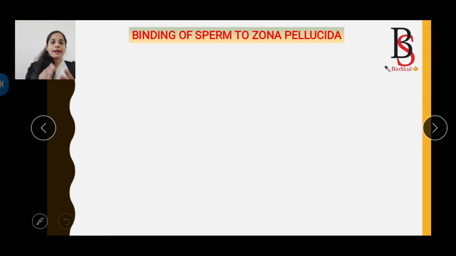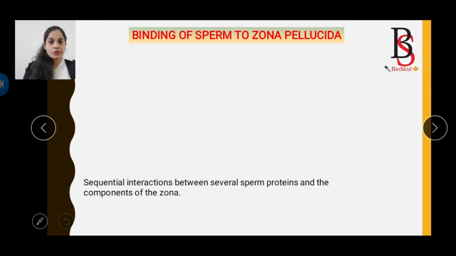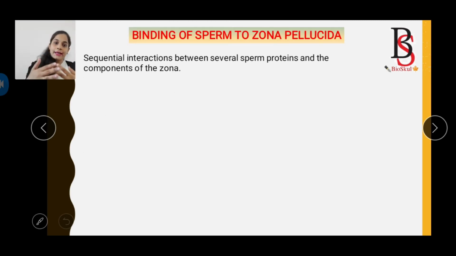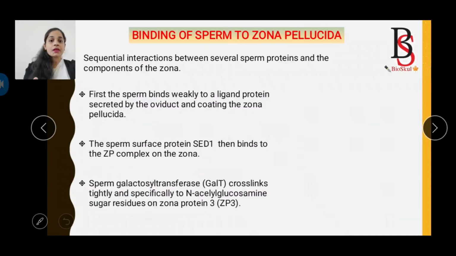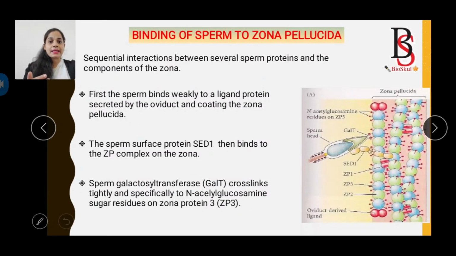The next topic is the binding of sperm to zona pellucida. How does sperm bind to the zona pellucida? A sequential interaction between sperm proteins and the components of the zona leads to the binding of sperm to the zona pellucida. In the first step, the sperm weakly binds to the proteins that are secreted by the oviduct.